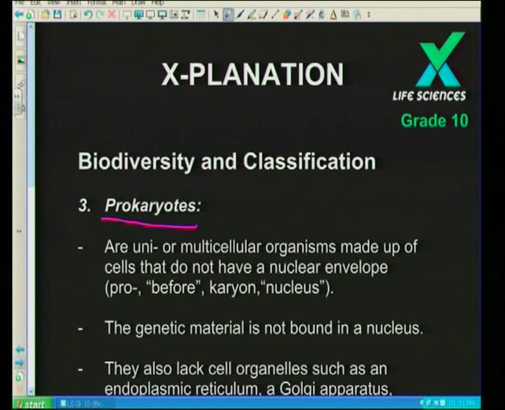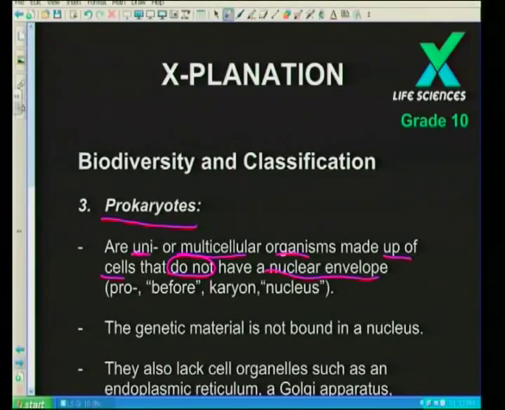Prokaryotes are uni or multicellular organisms made up of cells that do not have a nuclear envelope or membrane. So now let's see. Prokaryotic organisms are organisms that do have a cell. However, the cell nucleus is primitive.